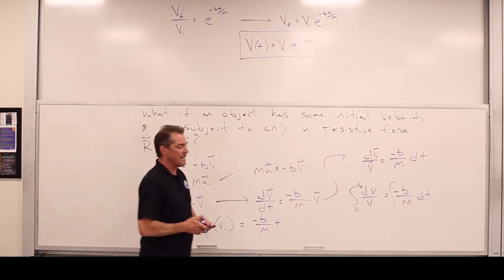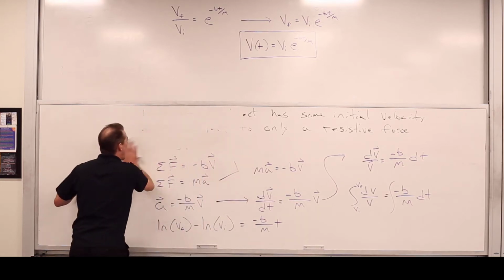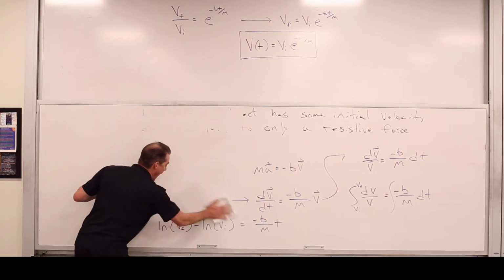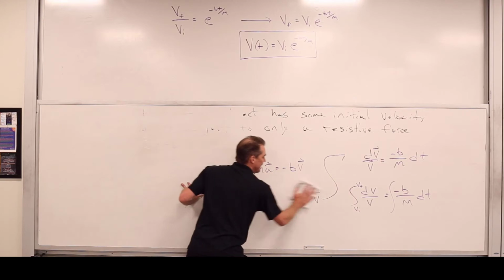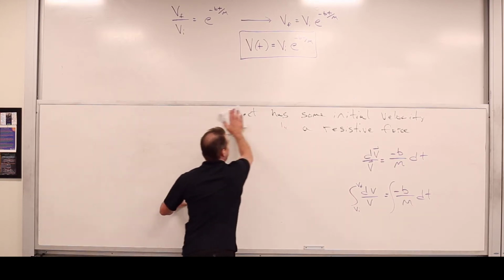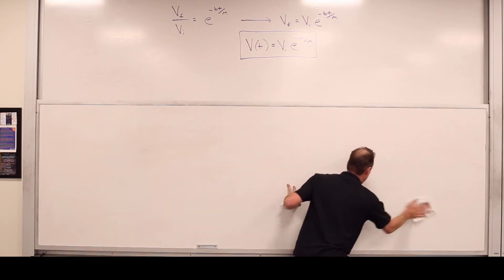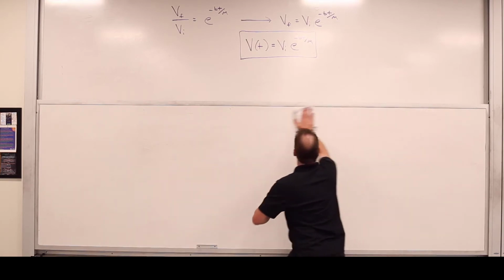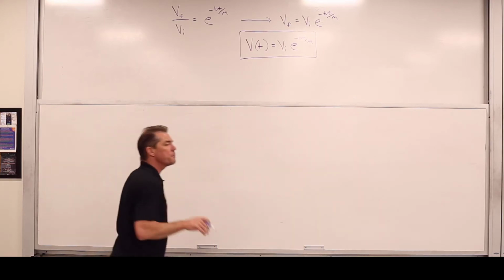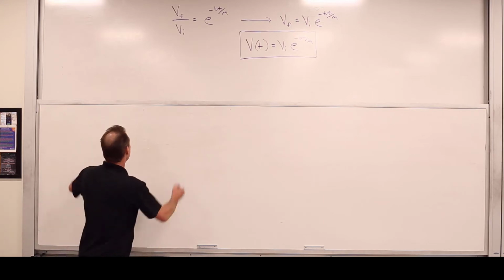Lastly, we want to look at one more model in which an object is moving through air at a decently high rate. This is generally reserved for things like airplanes, baseballs that are thrown at high velocities, skydivers, things of that nature moving through air. And for those particular cases, the resistive force actually goes as the velocity squared.